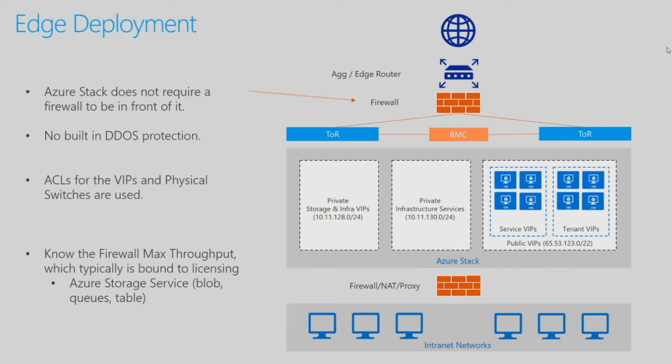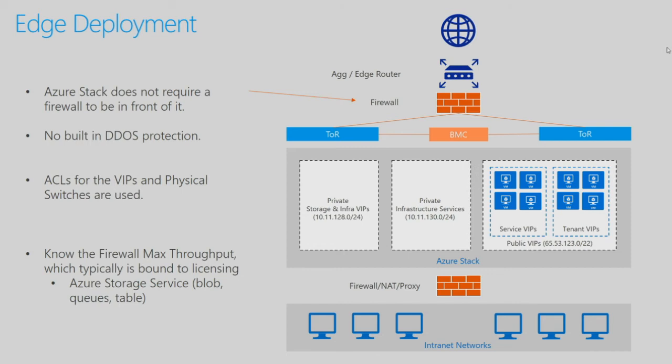Now, how does this look from a placement perspective? Generally we identified two major scenarios. The first one is what we call the edge deployment. In the edge deployment, you have Azure Stack either placed directly behind your ISP router, or you put a firewall in between. The reason I say "or you put a firewall in between" is really because Azure Stack itself does not require a firewall in front of it.